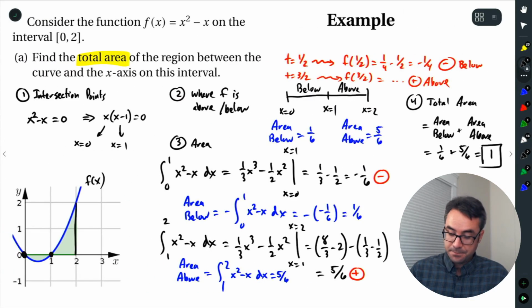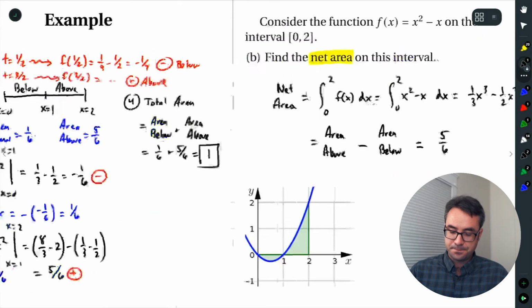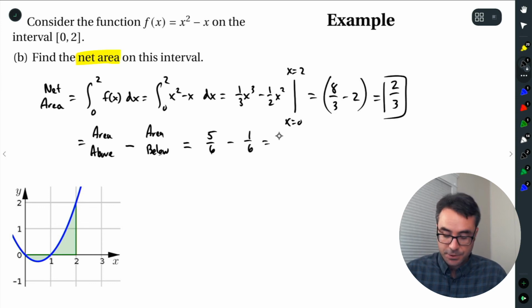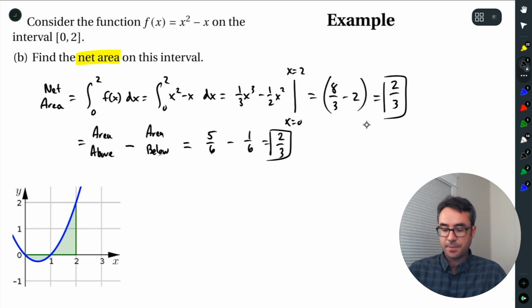We also found that. The area below was 1/6. And if we subtract, 5/6 minus 1/6 is 4/6, which is 2/3. So this is just another way to check it. We could calculate the net area directly by doing the definite integral, but since we already had the area above and the area below, if we do the subtraction, we get the same value.